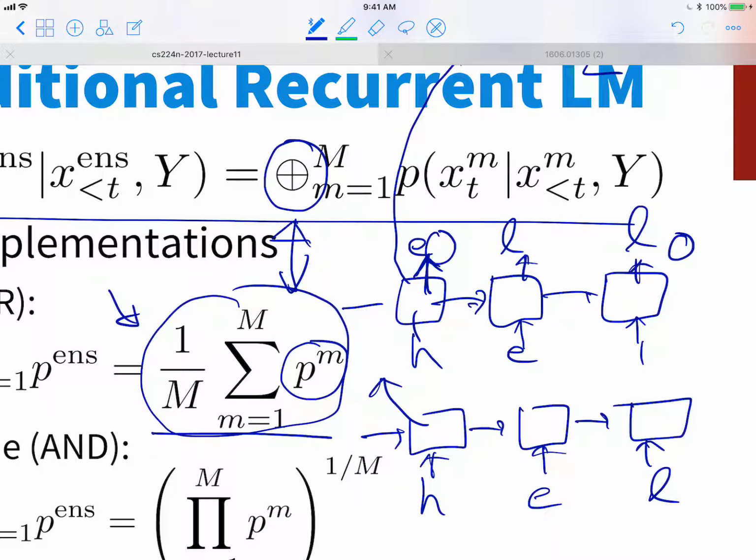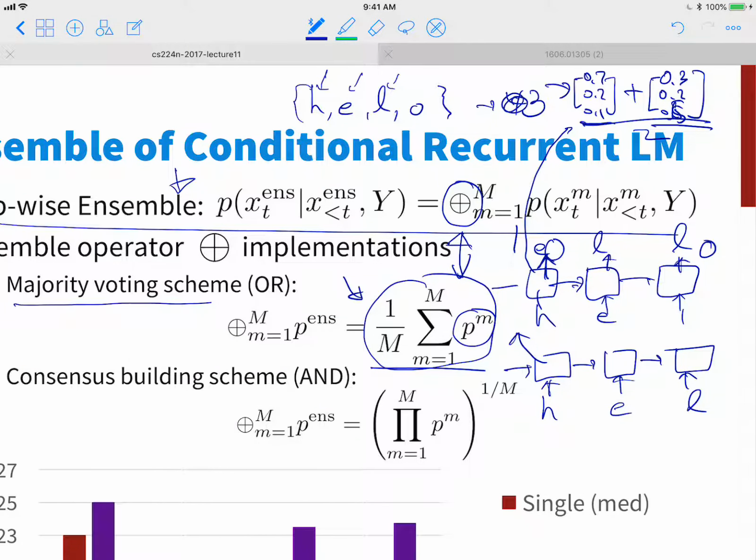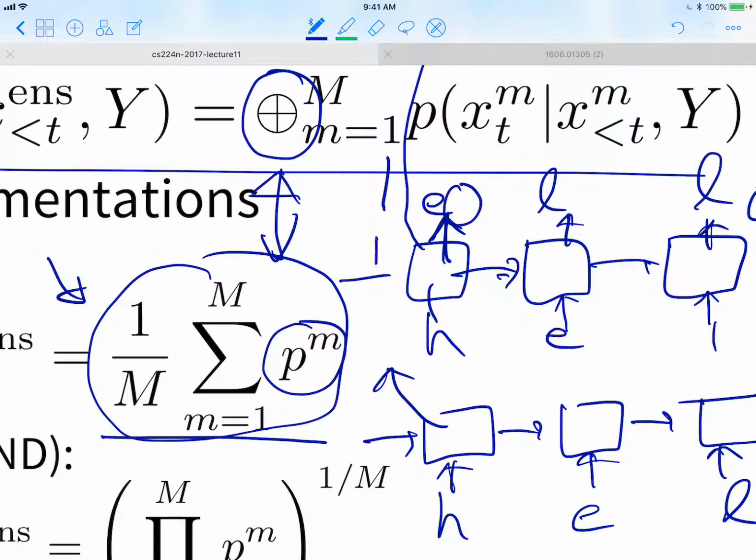What if we do the ensembling not at the stage of the output softmax vector, but in the middle stage? For example, we have a softmax vector summing up to 1, but we also have a hidden state vector.